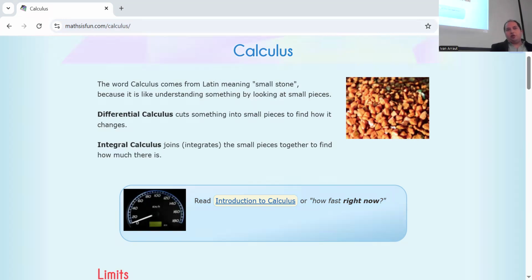It allows you to analyze oscillations. It allows you to concentrate on interesting points. Sometimes it's not necessary to study the whole range of values of a variable, so you only concentrate on one point. And that brought the concept of Taylor series, for example, when you're just focusing on a single point.